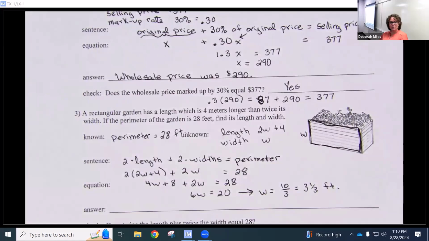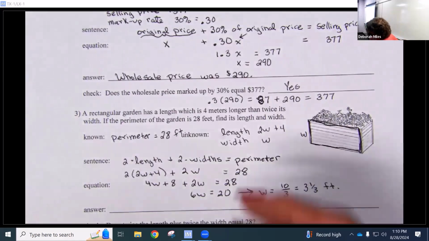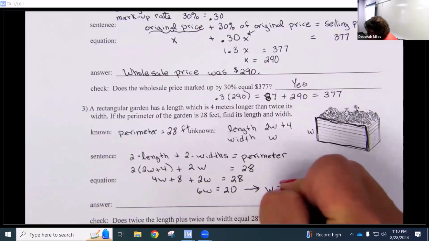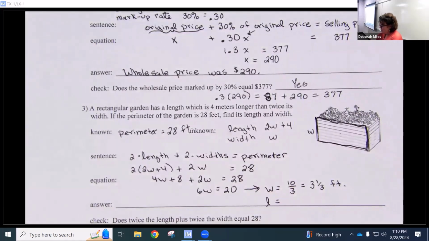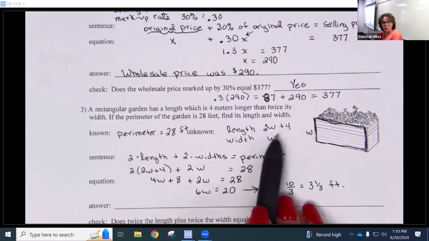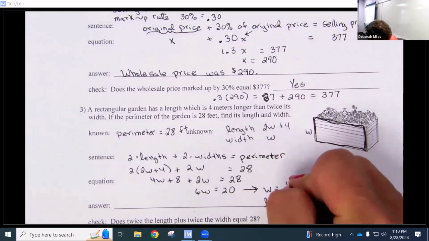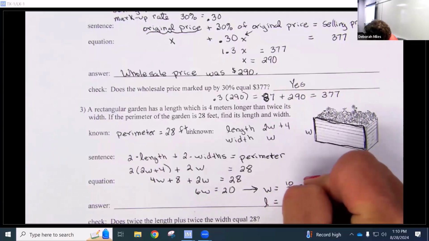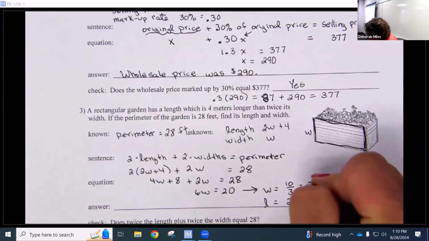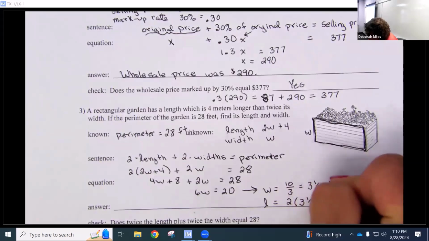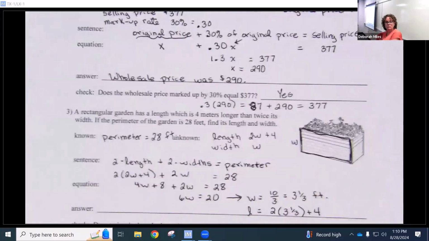Since it asked me for both length and width, for my length, go back to the expression that I wrote for the length. It's 2 of those widths plus 4.